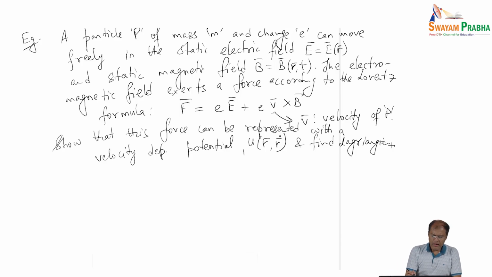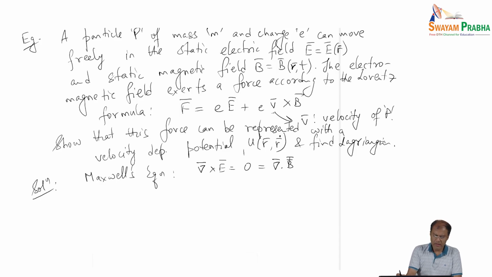So now, this is a question very specific to the electromagnetic field, so we cannot stop but to introduce Maxwell's equations. So the Maxwell's equations will be: del cross E is equal to minus the time derivative of B. So del cross E is that, and we see that del cross E is 0.